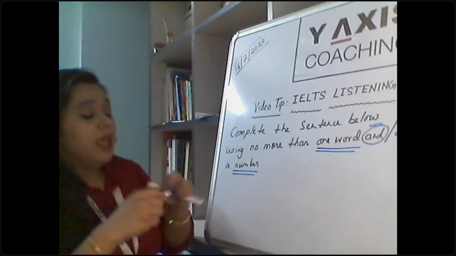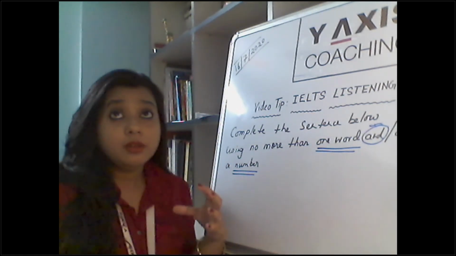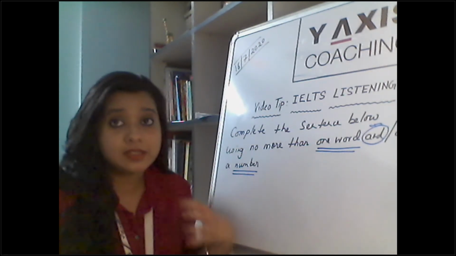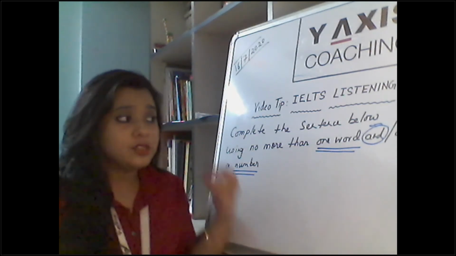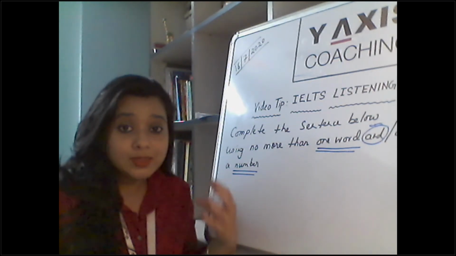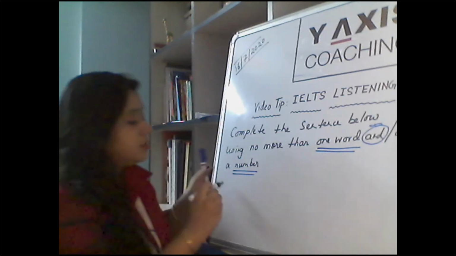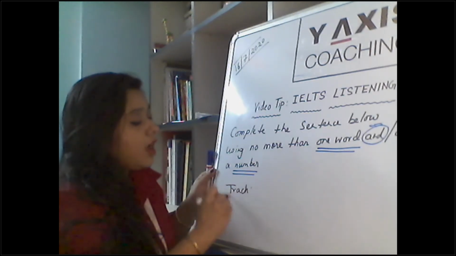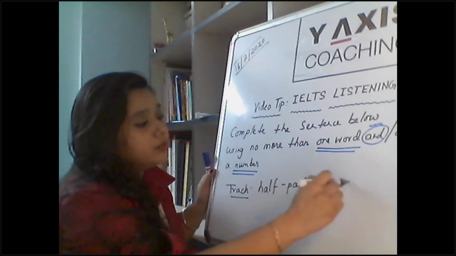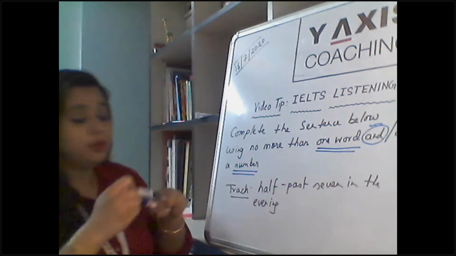Now, as per the track, suppose the content of the track is like this: the aquarium closes at 7:30 in the evening. Okay, so that is the info in the track.